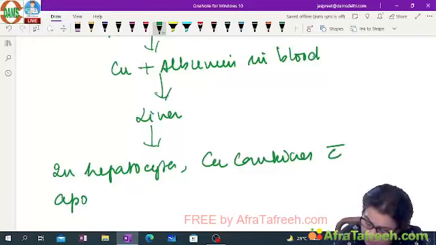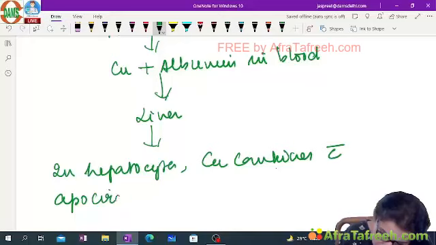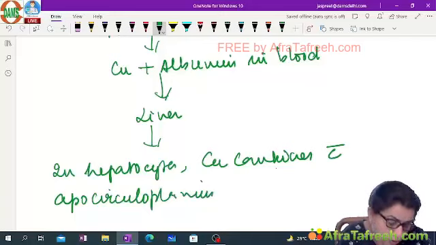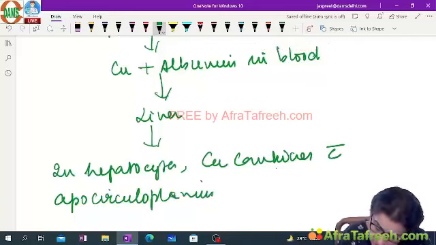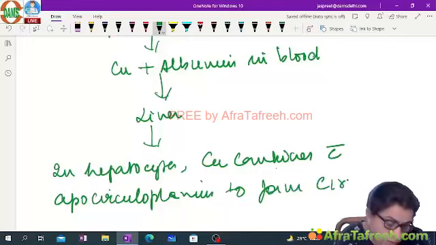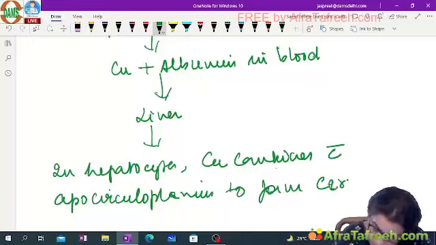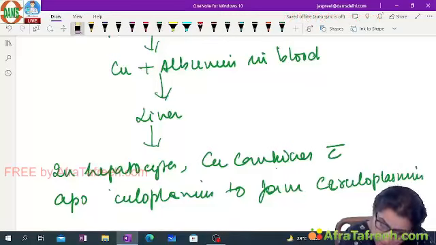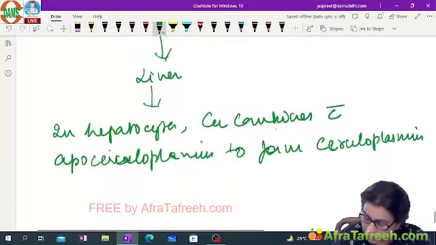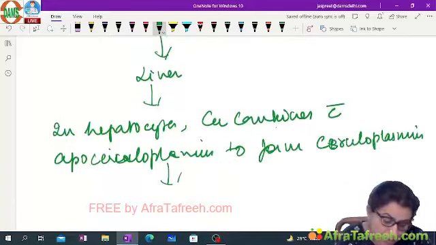In hepatocytes, copper combines with apoceruloplasmin to form ceruloplasmin, and now this ceruloplasmin comes into the blood.